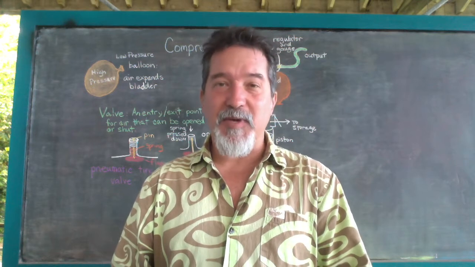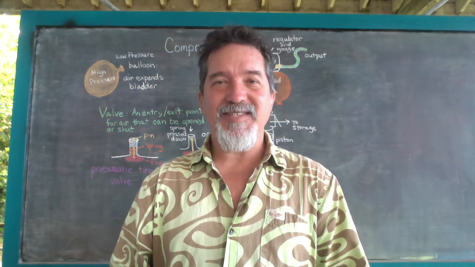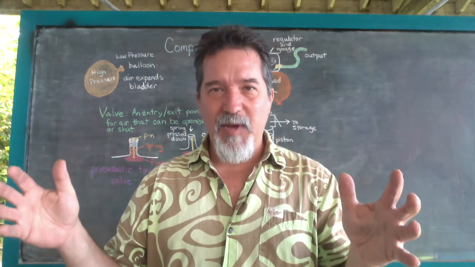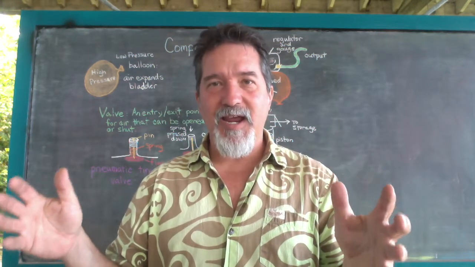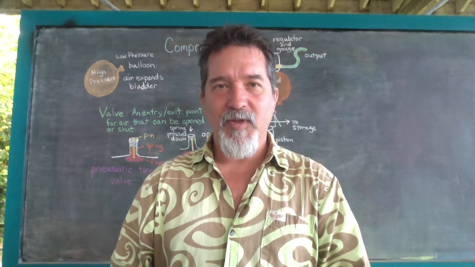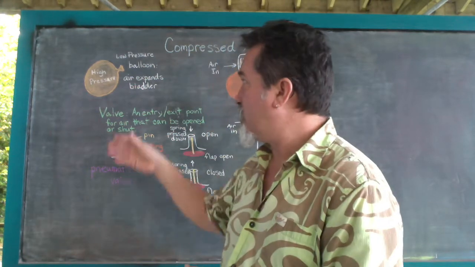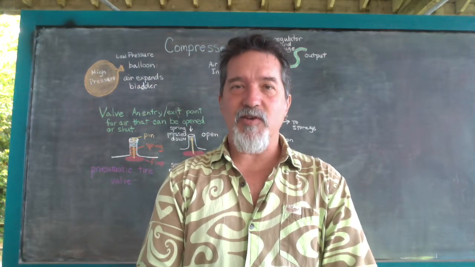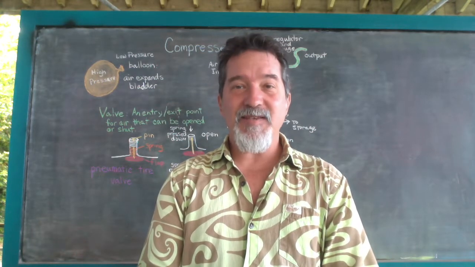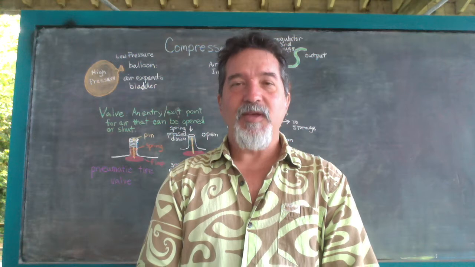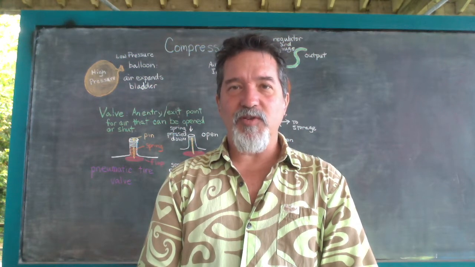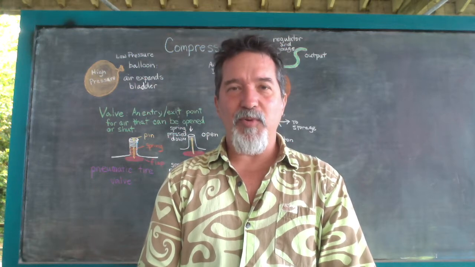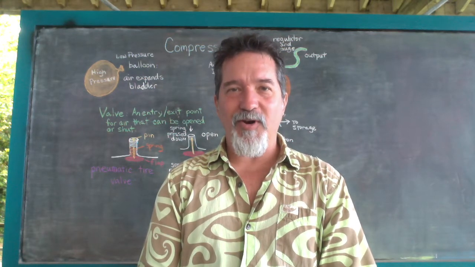The contained space we're forcing it into has that flexibility and elasticity so that it can expand and still contain that air without releasing it. So, a balloon is a great way for us to begin understanding what is necessary to store air. We need some flexibility. Now, in today's lesson, we're going to look at a few different areas in which we store air and how we produce the air that we're going to store.